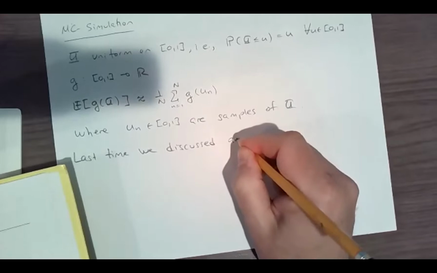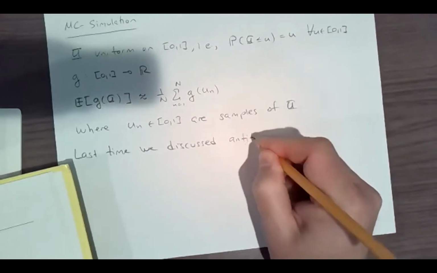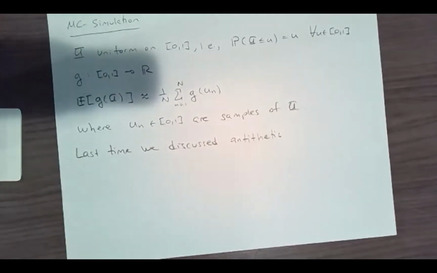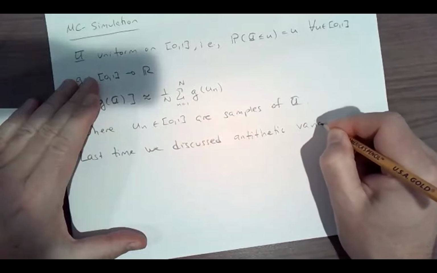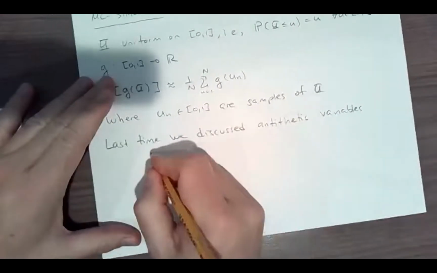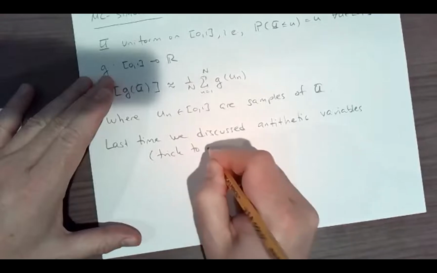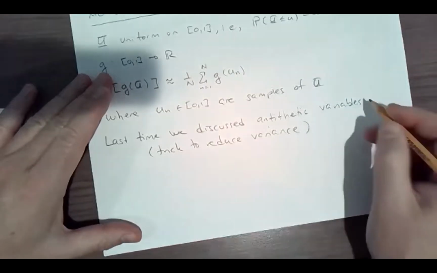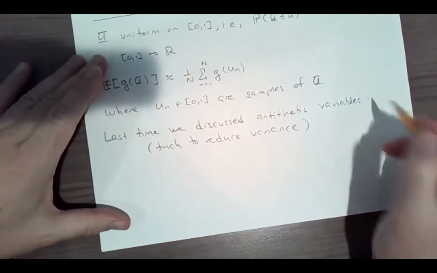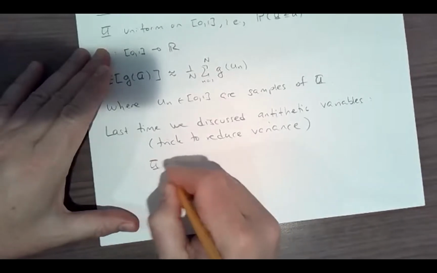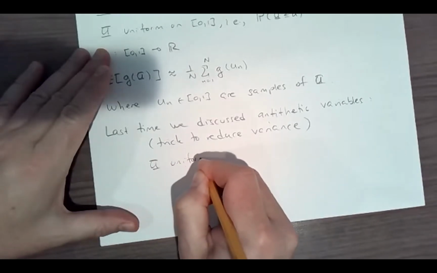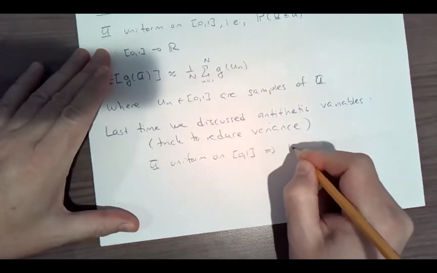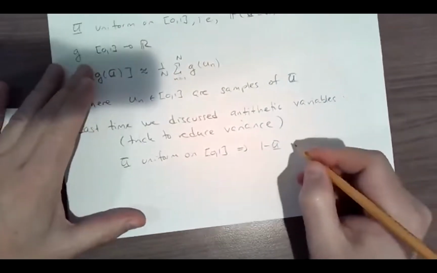This is a trick to reduce variance. What we observed was, well, if U is uniform on that interval 0 to 1, that's going to imply that 1 minus U is also uniform.